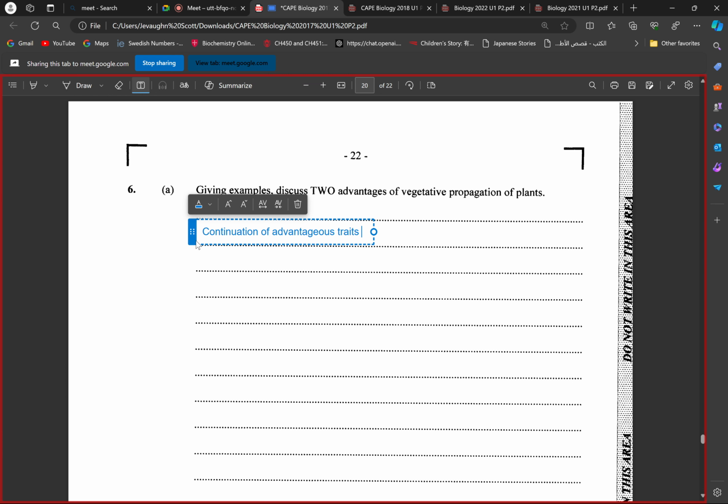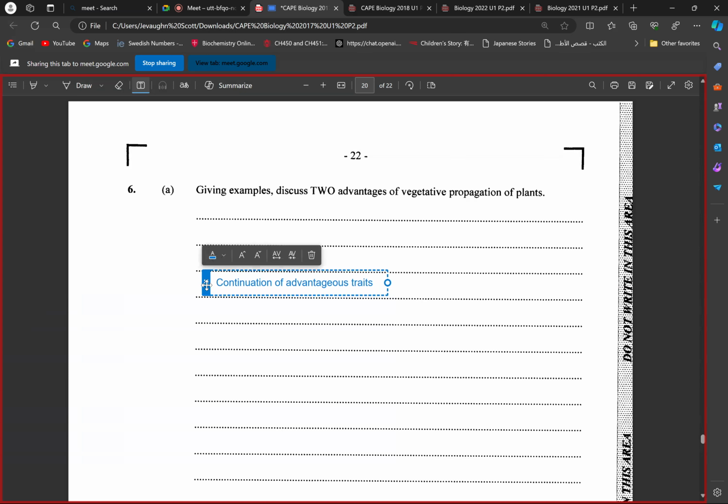It's asexual reproduction, so continuous traits are going to be continued and proliferate within the generations through vegetative propagation.